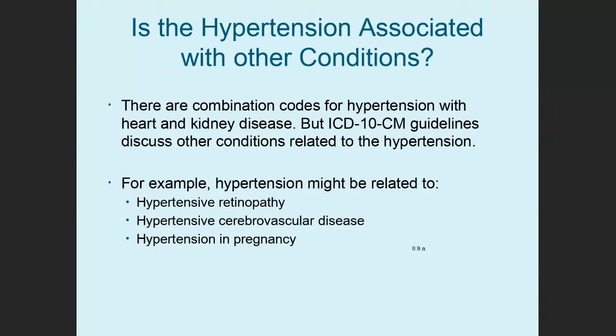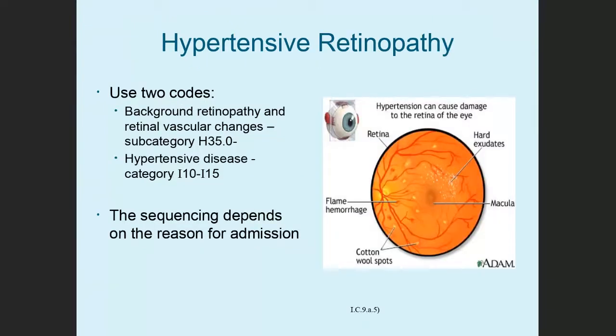Now, there are other conditions that hypertension may be associated with. The guidelines have specific rules for a couple of conditions, such as hypertensive retinopathy, hypertensive cerebrovascular disease, and hypertension in pregnancy. So let's start with hypertensive retinopathy.